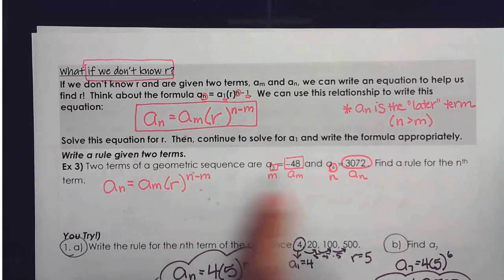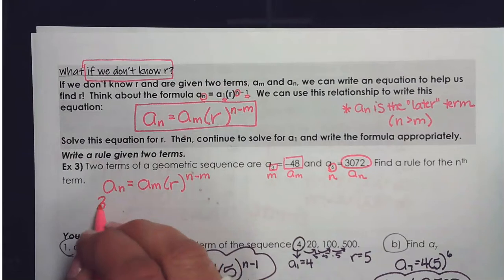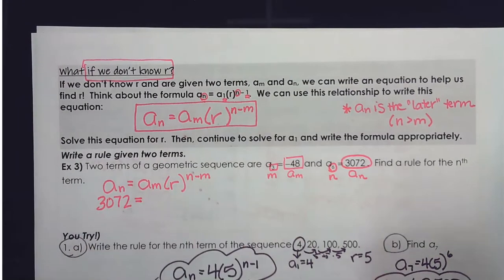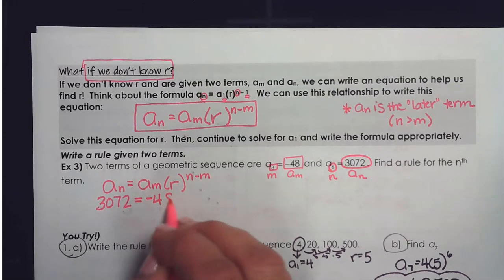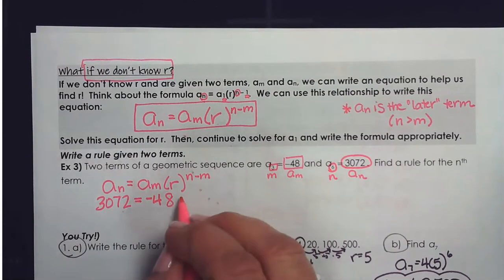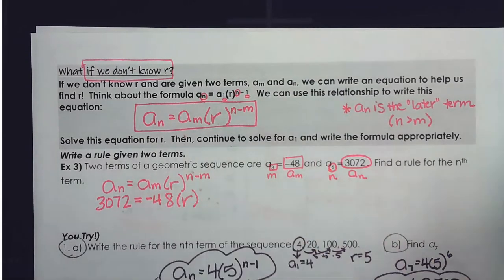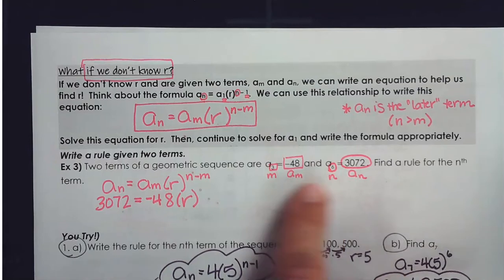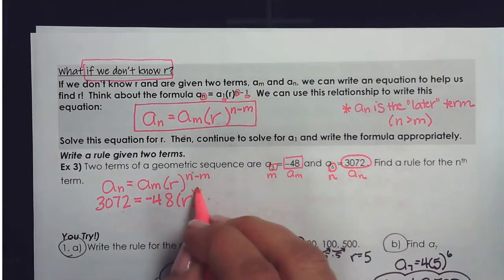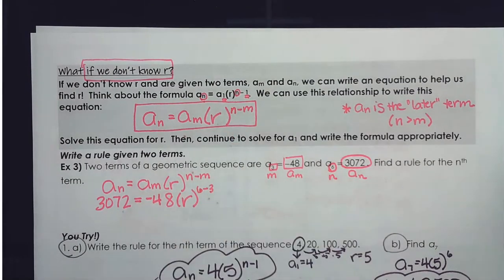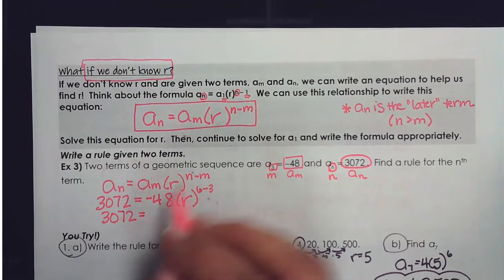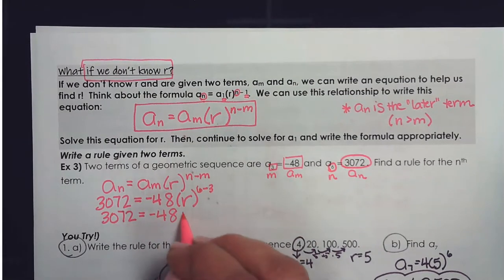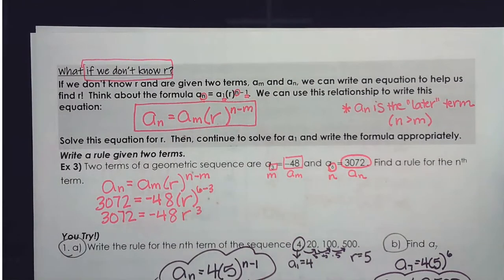Our a sub n I labeled as 3072. My a sub m I labeled as 48. And then I have r raised to the n minus m. So that's going to be 6 minus 3. Okay. Let's simplify that a little bit. And I can turn that into r to the third. You guys okay with that?